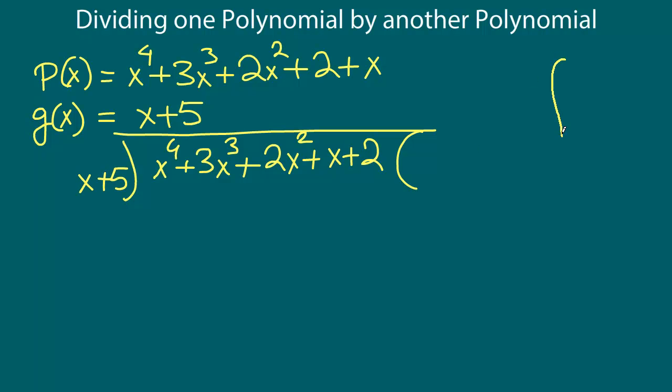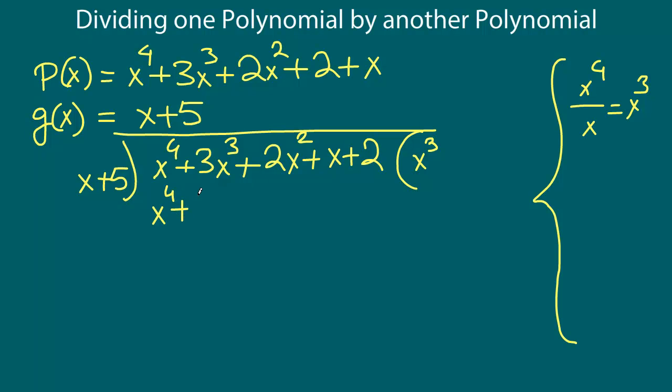This is going to be our working area. Now the first term is x power 4. We divide this by x, and we get x cubed. So our first term here is x cubed. We multiply this by both terms, so we get x power 4 and we get 5x cubed, right?